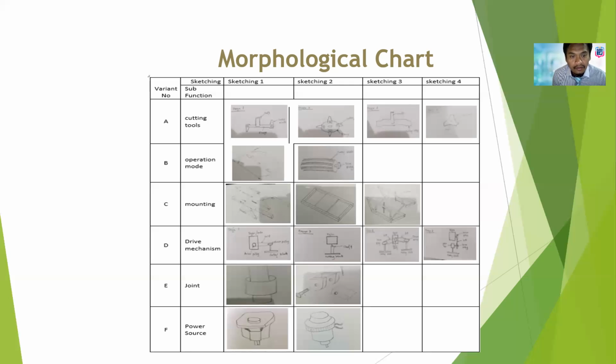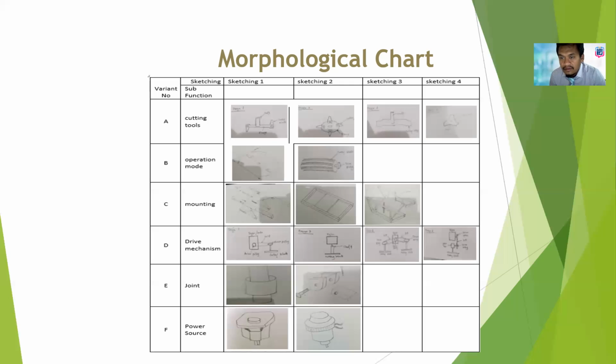Then the sketches for the cutting tools sub-function. For sketch number one, the cutting tools are at the end of the shaft, with two cutting blades. Sketch number two has four cutting blades. Sketch number three uses the whole shaft, the flank, to cut the grass.